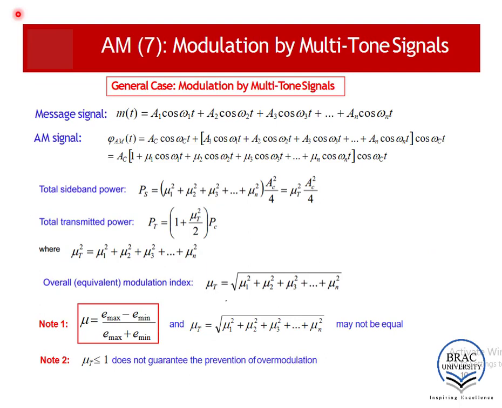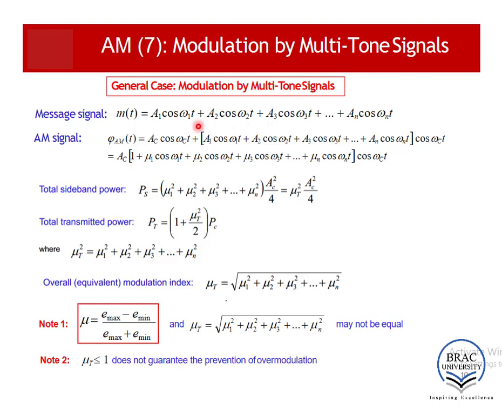Let's talk about the multitone modulation. In the case of multitone modulation, the message signal consists of multiple frequency components. Here you can see the message is a sum of n cos waves which have different frequencies such as omega 1, omega 2, omega 3 up to omega n, and they have amplitudes of A1, A2, A3 up to AN.